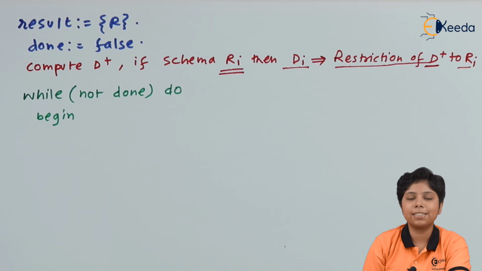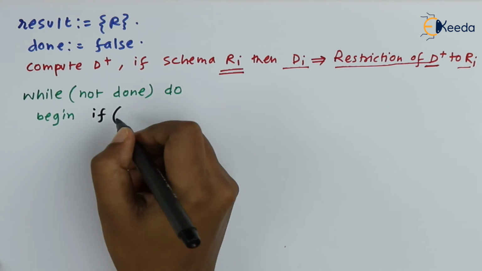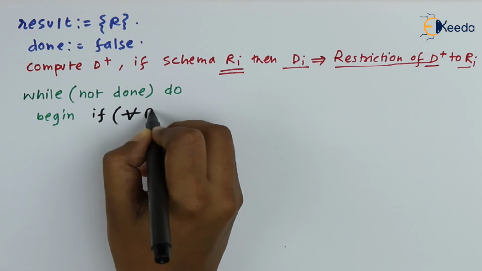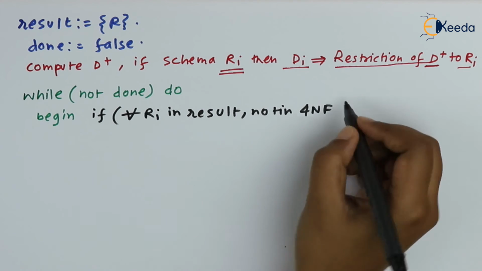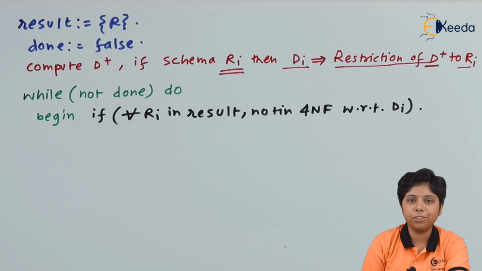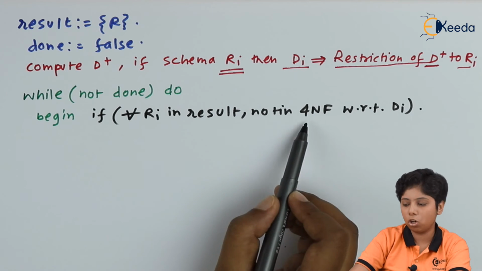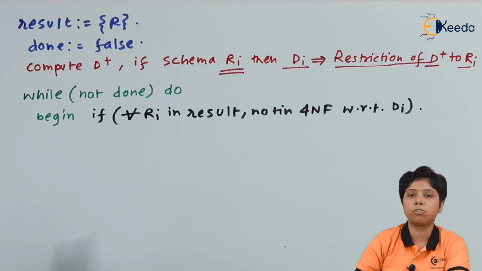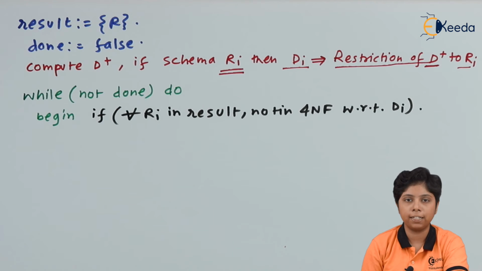Now until done becomes true, we will perform the following task. We need to check for every Ri that is present in result but not in 4NF with respect to the dependencies Di. So if there exists any such relation, then we should begin.